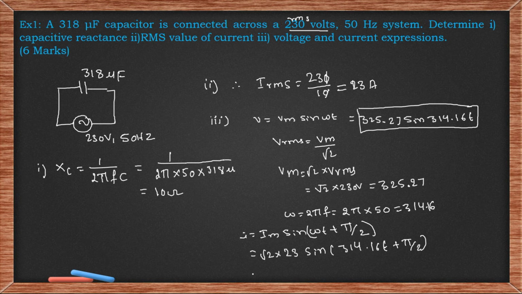Finally the current equation is I is equal to root 2 into 23, which is 32.53, sine of bracket 314.16 t plus pi by 2. This is all about the current.